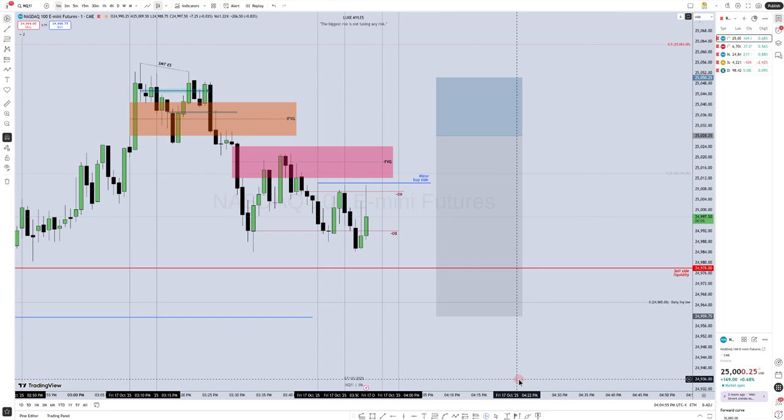It doesn't get hit, and the market is rejecting already, and that's messed up.